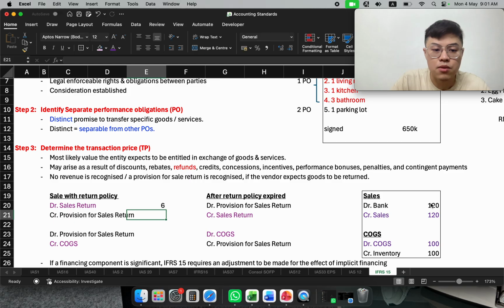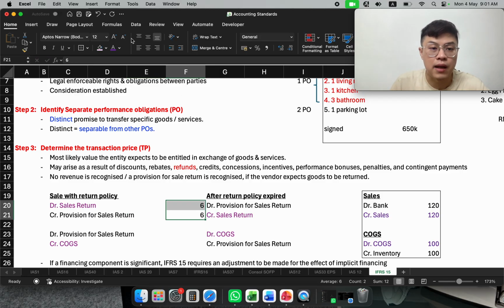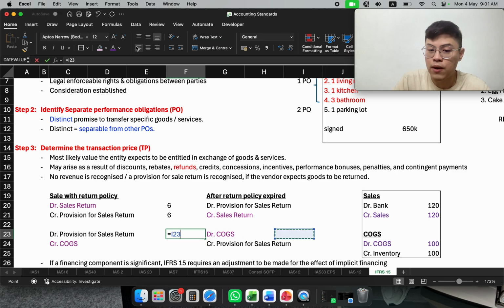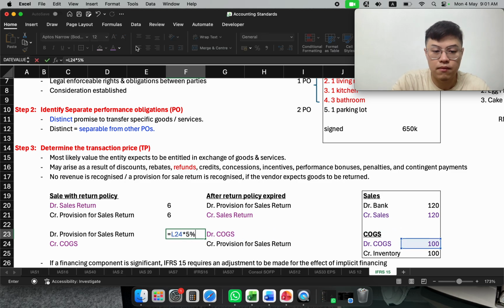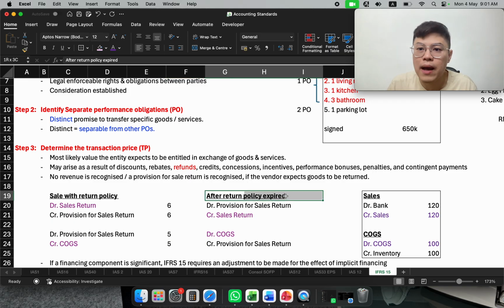We are trying to tell people that this 6 ringgit is something that might be returned from the customer, and 5% of 100 is 5 ringgit. We do it like that so that we won't overstate our revenue and cost of goods sold until the return policy has expired.